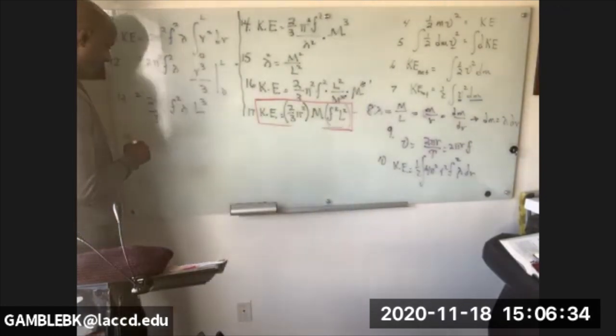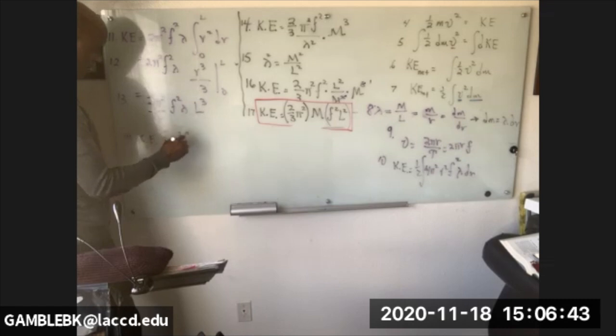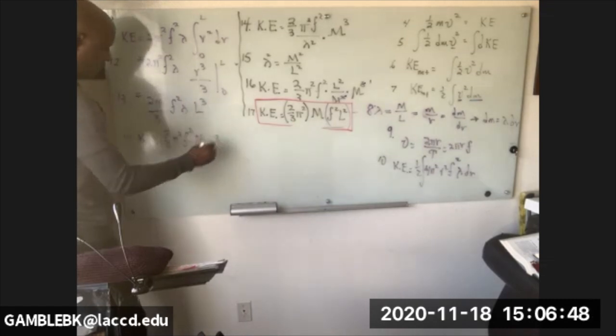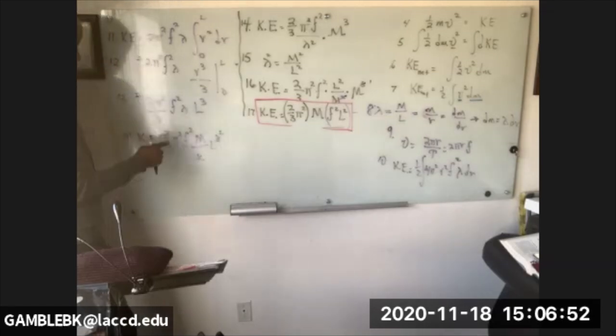And once I put that in, then I will have KE is 2/3 pi squared f squared m over L cubed. Of course, one of the L's cancels, get the square term out, and then I can write it in the form that I have over there.